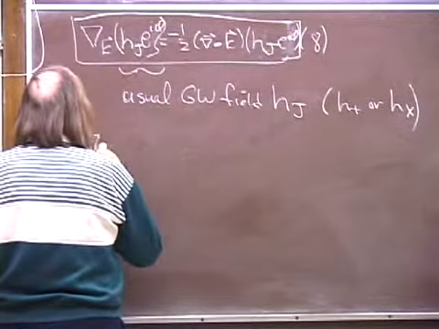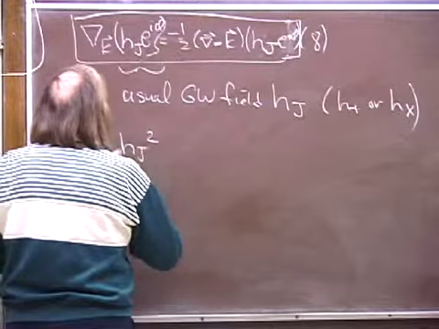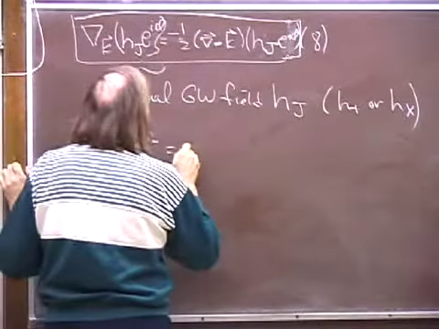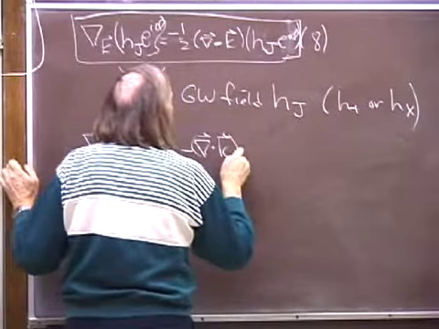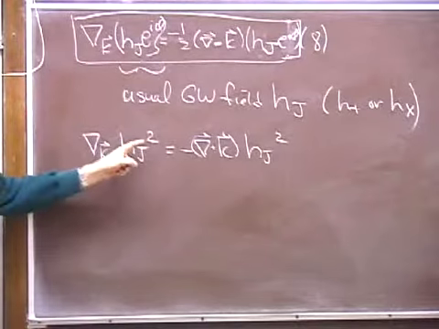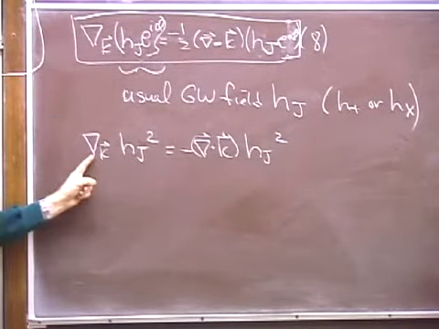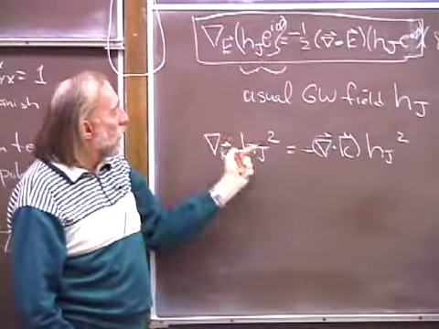I can rewrite this rather easily as the derivative along k of h_J squared is equal to minus the divergence of k times h_J squared. It's the factor of 2 that comes from this derivative that becomes the 1/2 up here. Okay. So that's just equivalent.